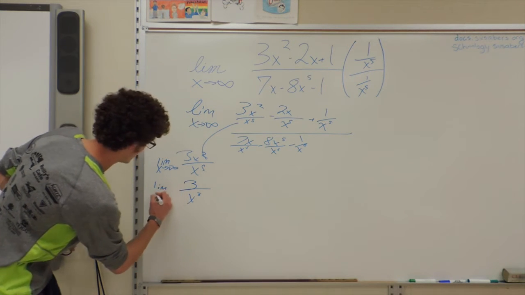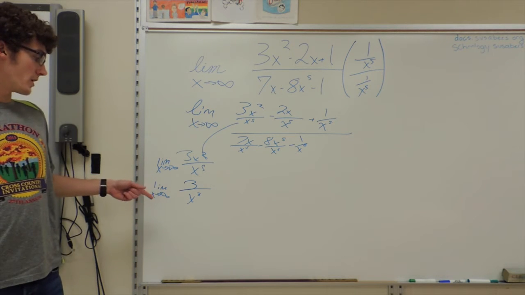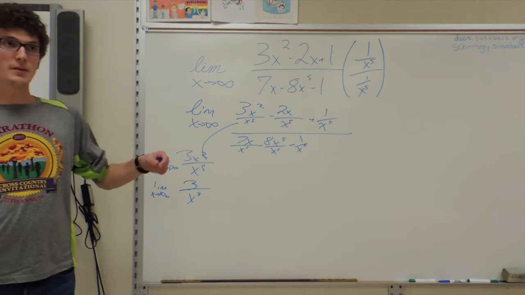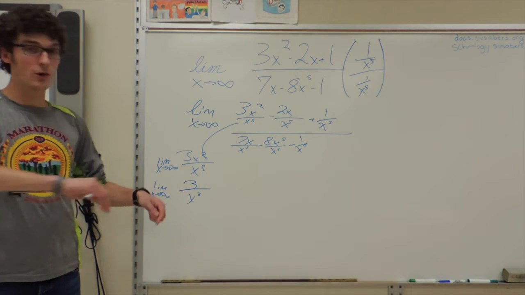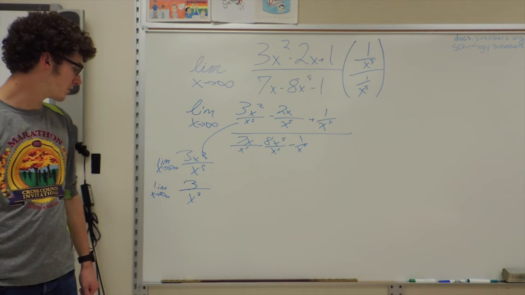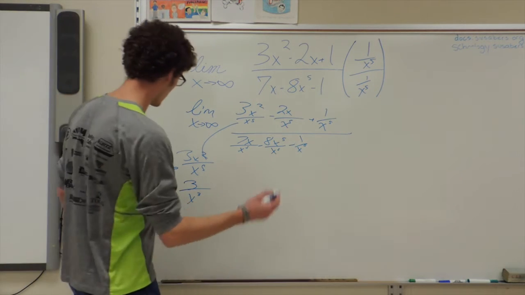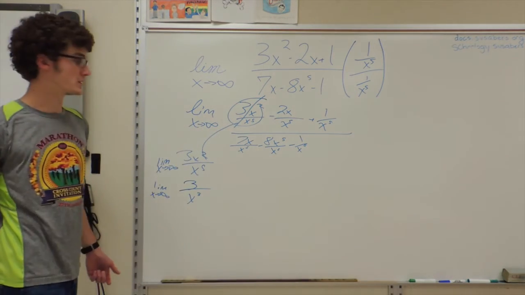You can picture it because it could be 3 over 10, then 3 over 100, then 3 over 1 billion, and as you keep going, it just gets closer and closer to 0. So this is actually going to cancel out and become 0 because of the rule I just explained.